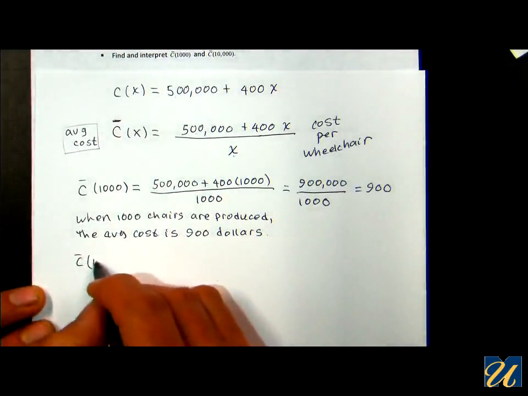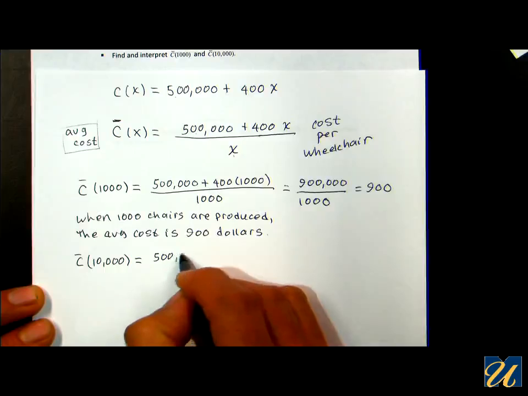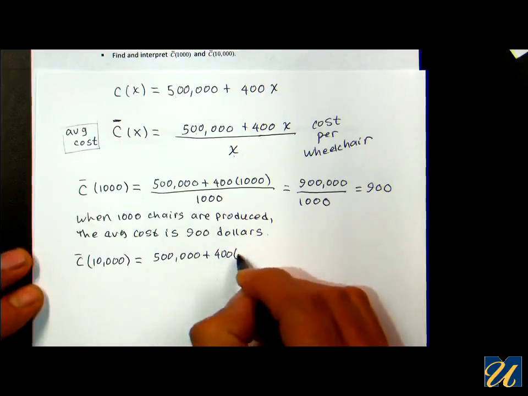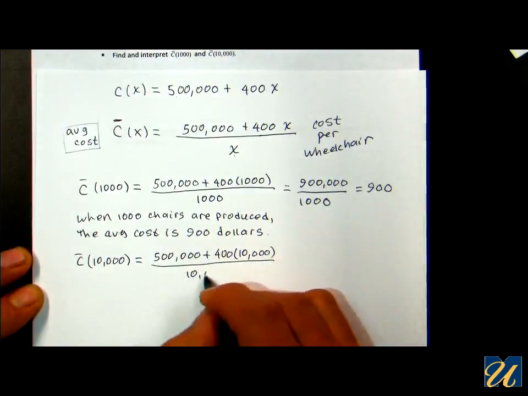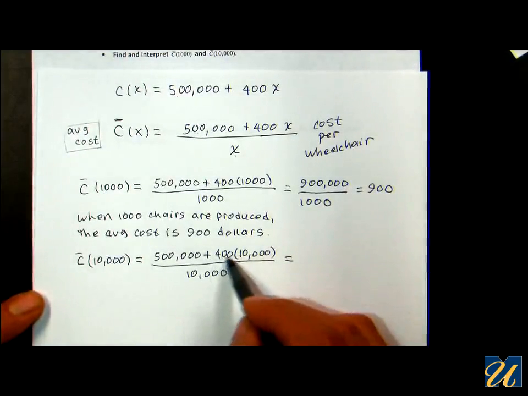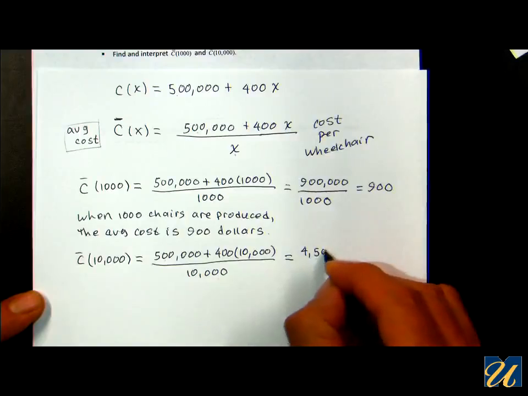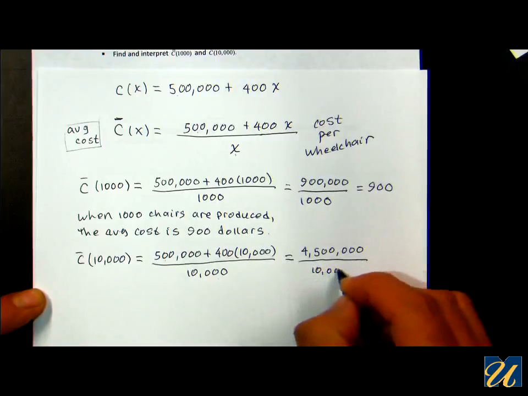Let's repeat the exercise for 10,000. So that would be 500,000 plus 400 times 10,000, divided by 10,000. So this would be 4,500,000 divided by 10,000.